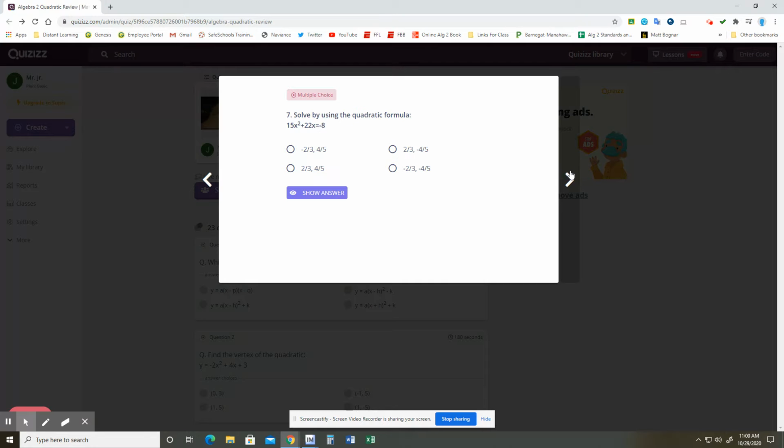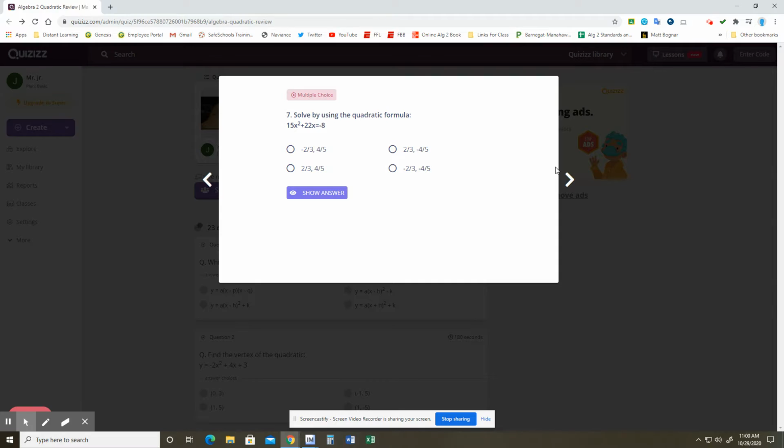Let's take a look at number 7. Solve by using the quad formula. Now, again, I'm going to comply with what the problem wants to show you exactly what is needed here. 15x squared plus 22x equals negative 8.